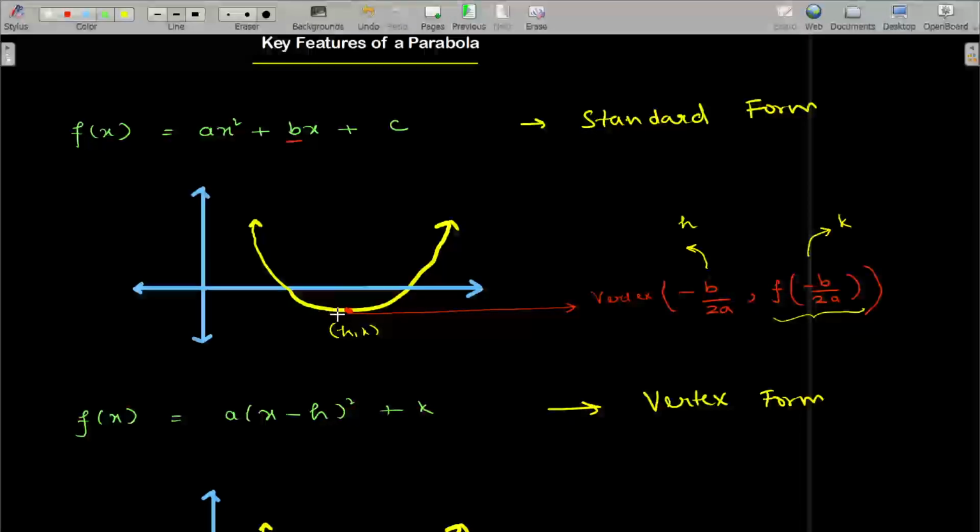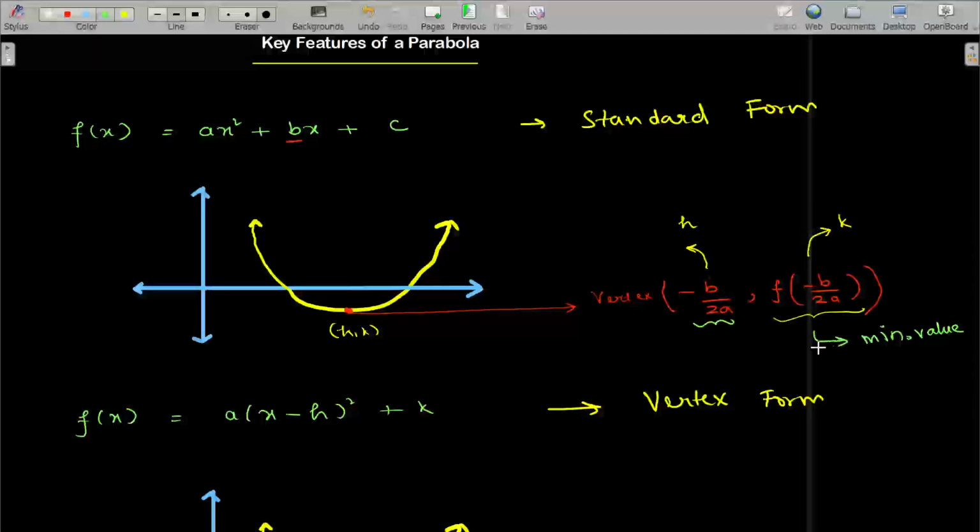It's going to be k, right? Perfect, exactly. So the minimum value is actually the y coordinate of the vertex. And if the question says at what point you will get the minimum value, then it is at this x.